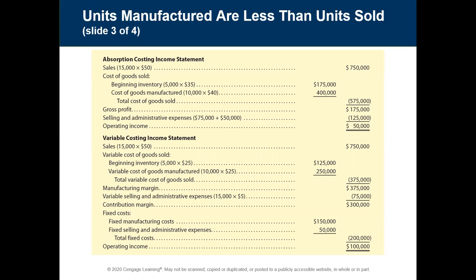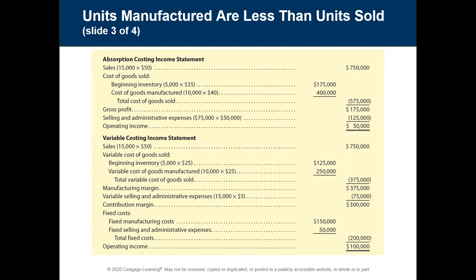Not really, because under absorption cost, the key thing here is that we have fixed manufacturing costs included in the cost of goods sold under absorption costing. So your absorption costing cost of goods sold per unit is always going to be higher than your variable costing cost of goods sold.